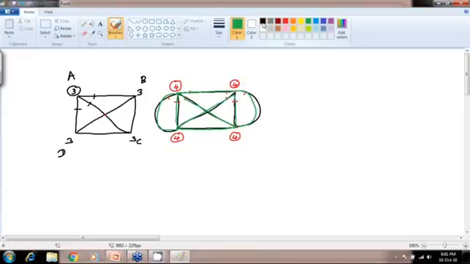If I name these A, B, C and D, 4 cities, our postman started from city D and he came back to city D. So he takes his bunch of letters, goes through the entire paths, and then comes back to his original place.